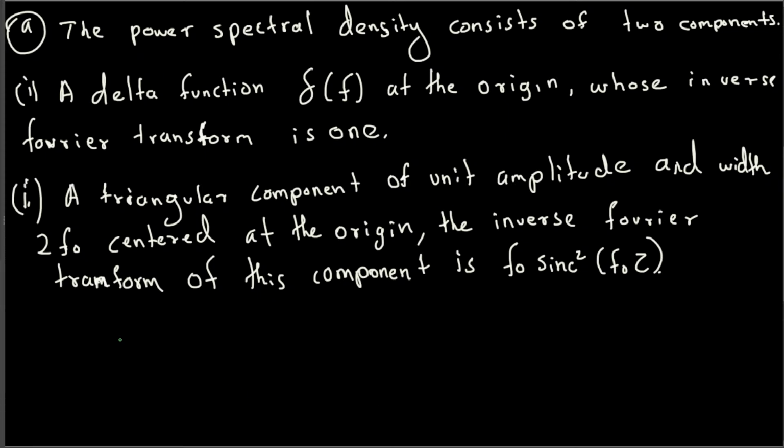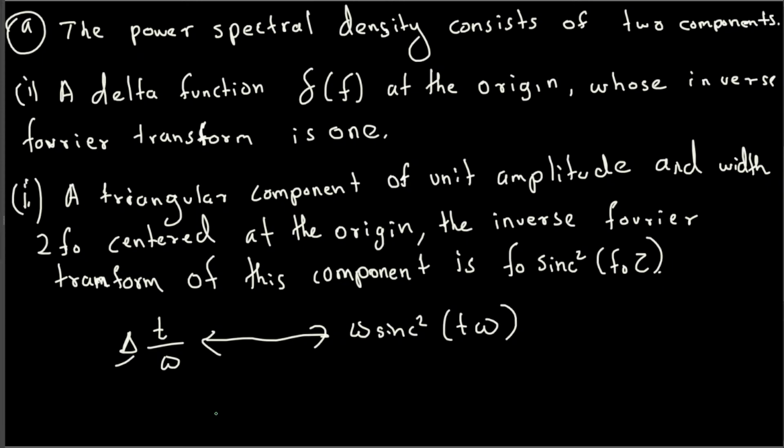There's a property for the Fourier transform: if you have a triangle of t over omega, that becomes omega sinc square of t omega in the frequency domain. This is for the triangular function, and whatever value is dividing here is the bandwidth.